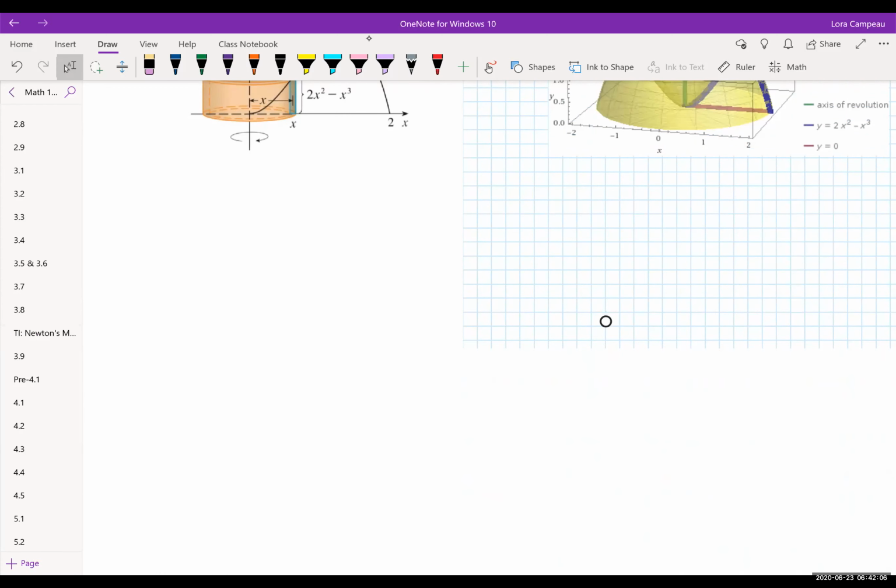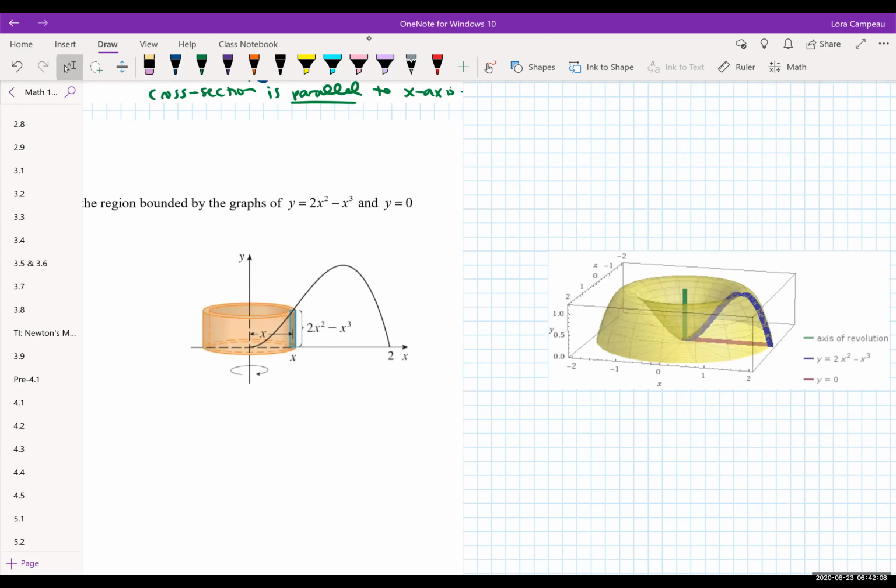You could see that there's a hollowed out part in the center. And also, besides the fact it's justifying ourselves away from using washers, not only couldn't we figure out how to solve it for x to make everything in terms of y, but you can see that the radius is varying and the height is varying as you're going through a lot of these shells.